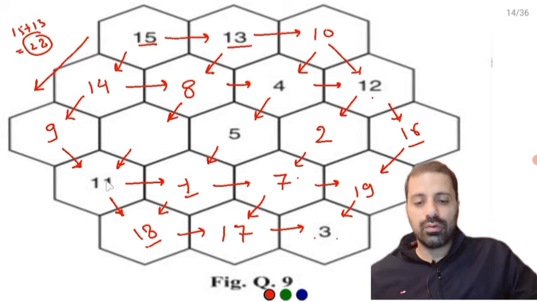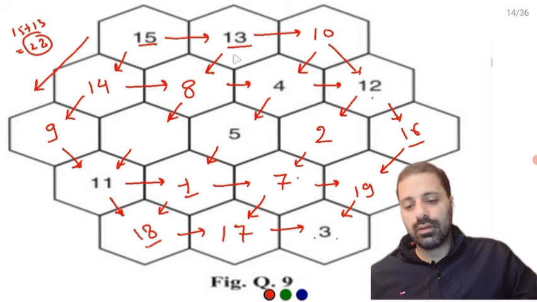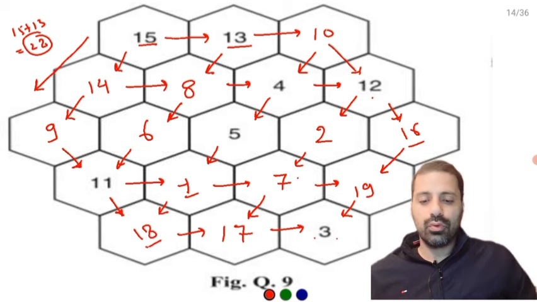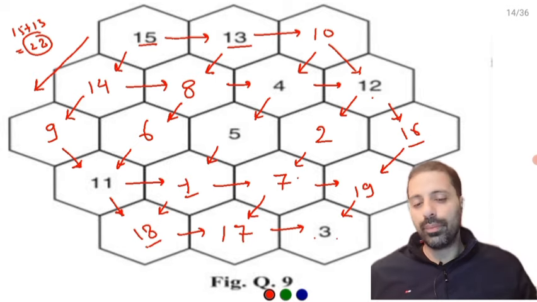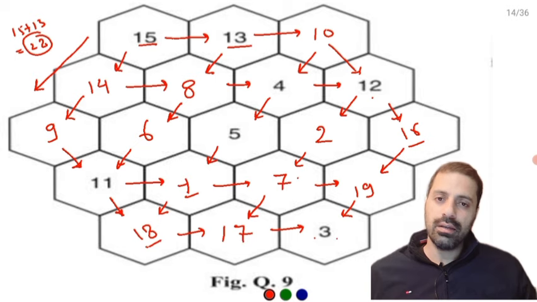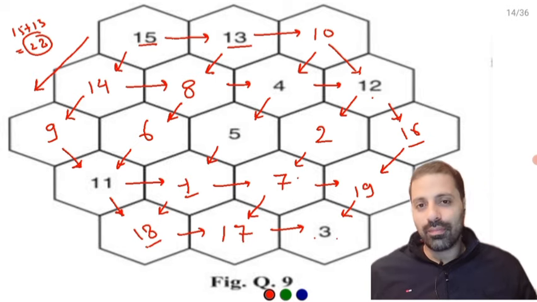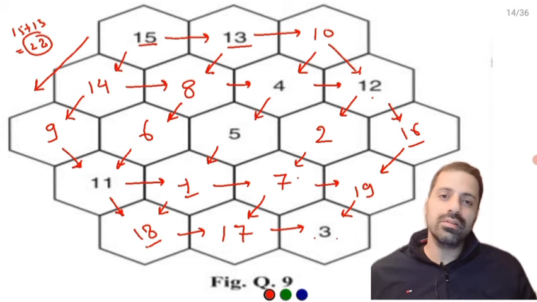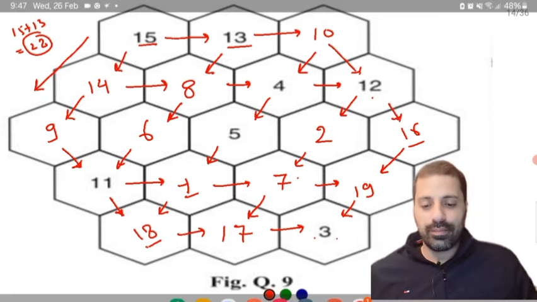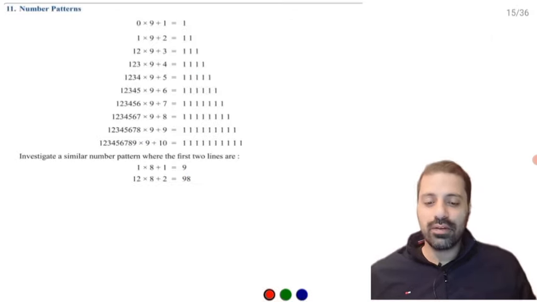Now we will solve this way. 11 and 8 is 19, 19 and 13 is 32, and 32 and 6. So now no number has to be repeated here, and we solve this in a second. It is a very good game. Just play this game like this. I play, and I enjoy playing this game very much.